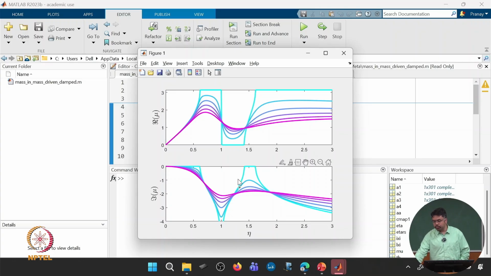But now once we put damping in, you can see very interestingly what happens. In the beginning you also have some attenuation, which is very similar to the monoatomic case.